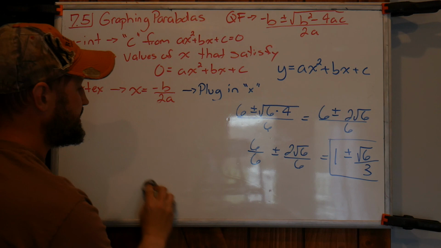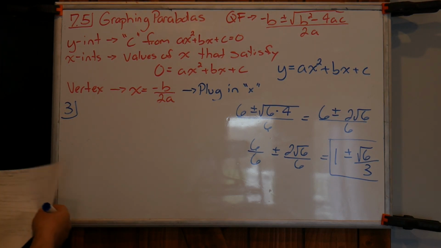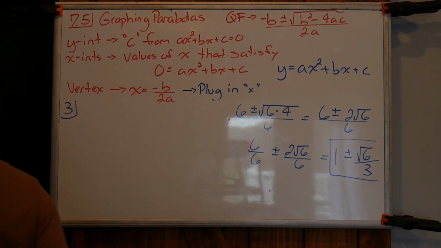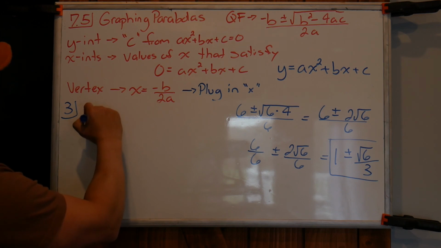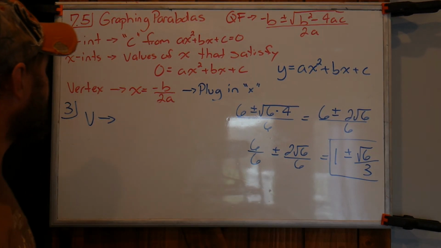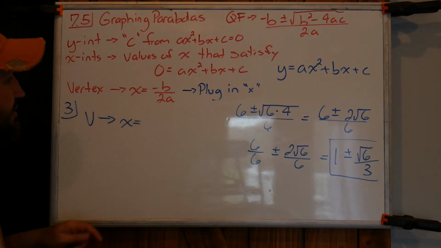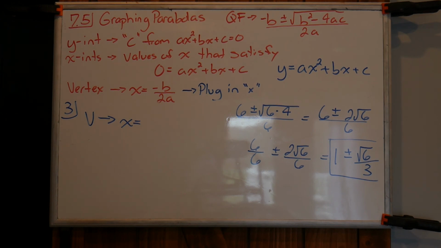I know I have some x values there, but I don't know how to graph that by hand real quick and easy. So I'm going to solve my vertex. Oh, that's why I grabbed it, because I erased the whole thing.